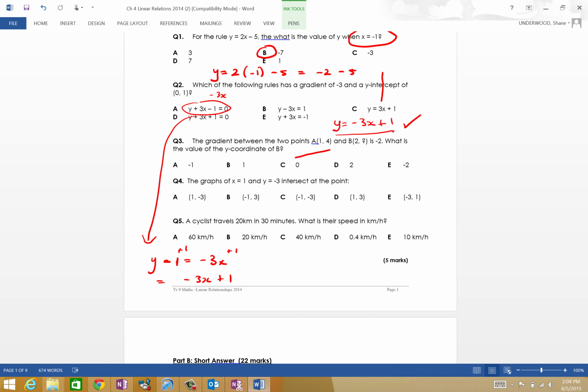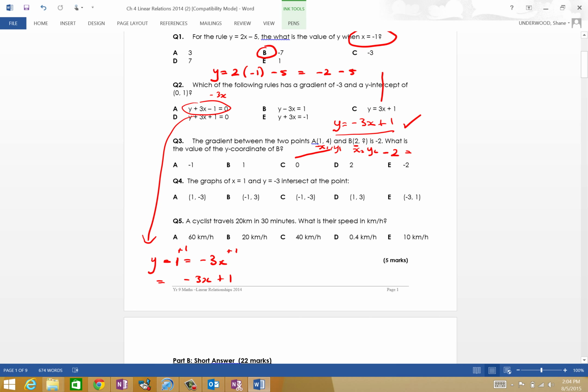Alright, the gradient between 2 points is -2. What is the value of the missing coordinate? Well, first of all, if it's -2, then -2 has to equal rise over run. We'll call this point x2, y2, and this point here x1, y1.